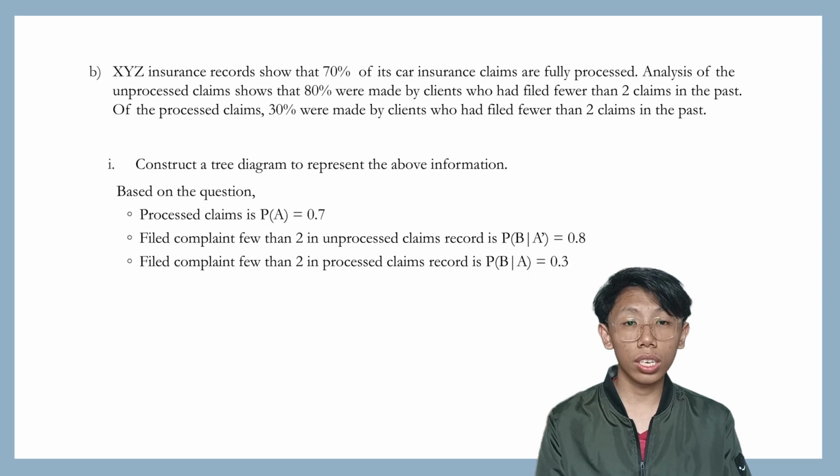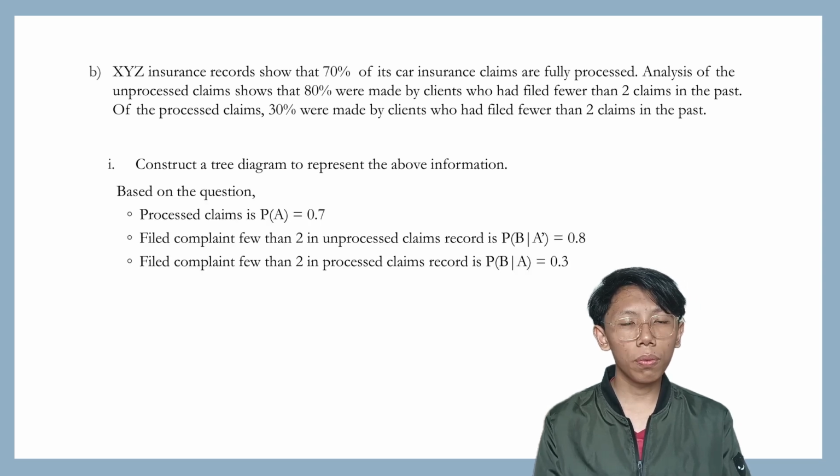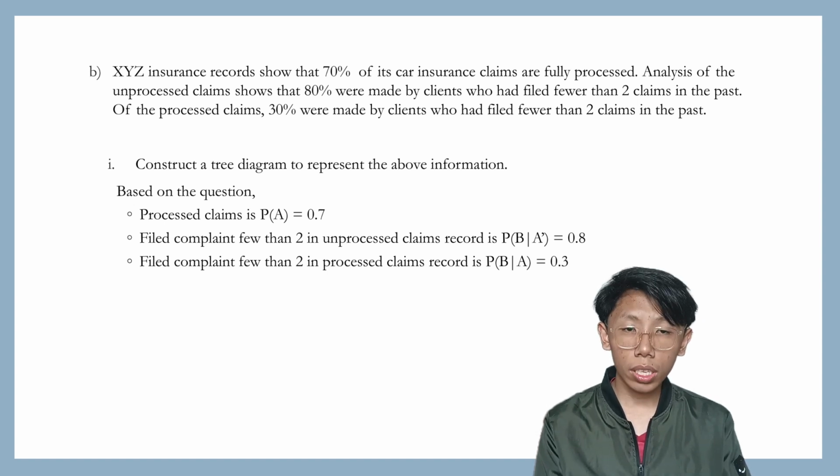Now, based on the question, we can get a few pieces of information. Firstly, processed claim is A. P(A) is 0.7. The probability of a processed claim is 0.7. Now we can get the probability of unprocessed claims by 1 minus 0.7, which gives 0.3.